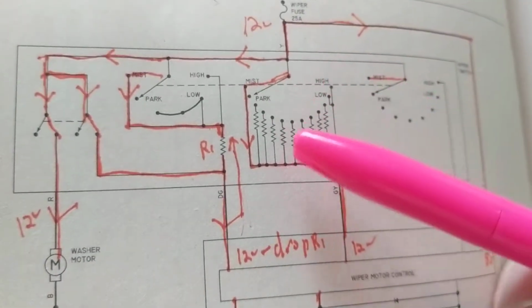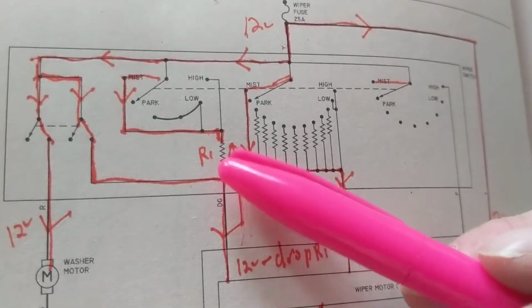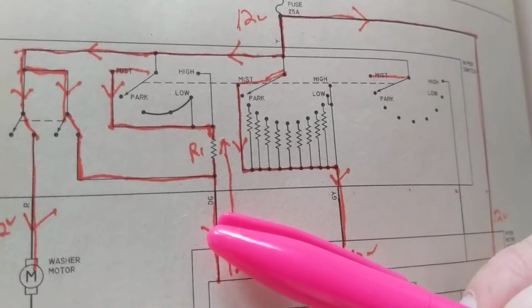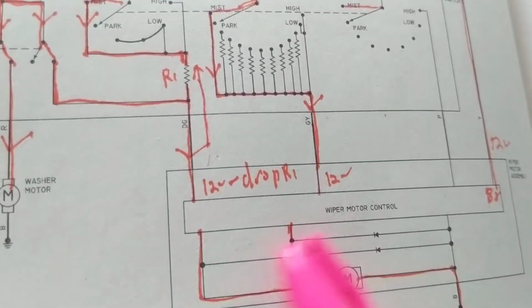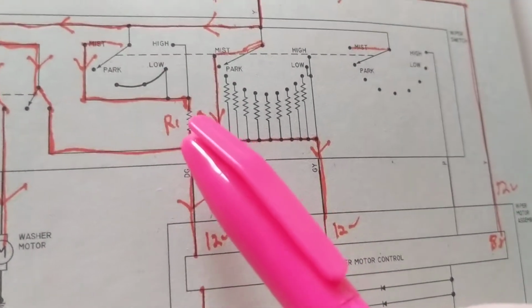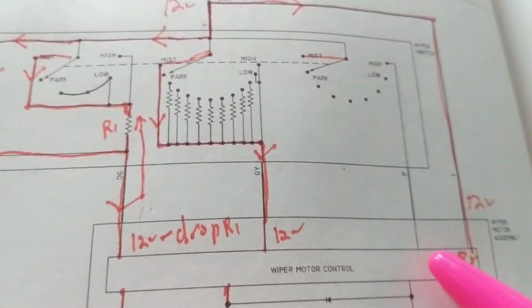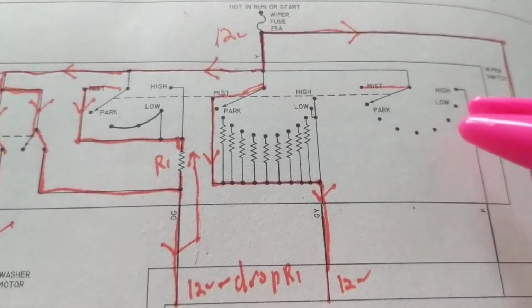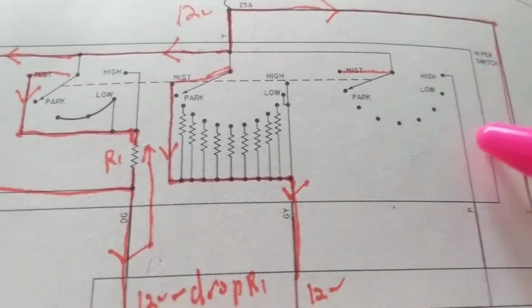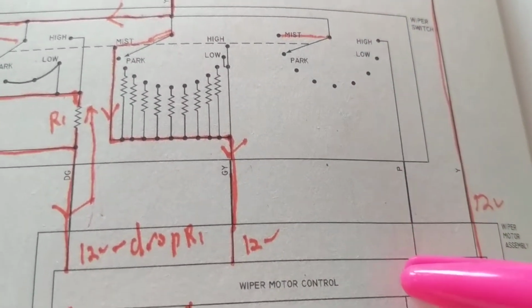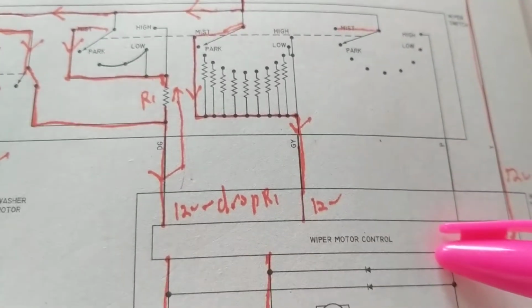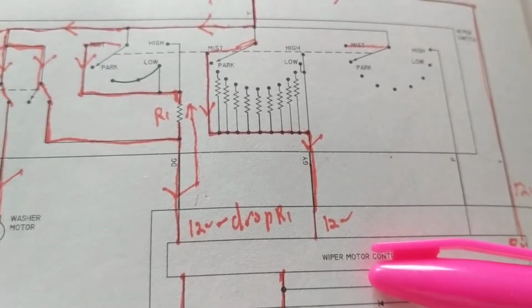But I just told you that you need different resistors, and you don't need a resistor when in high. How does it know? The tricky part is when this goes to high, all three of them are in high. This is the only one that's connected, if you notice. It gives it a B+. Then it knows, hey, I want high speed.